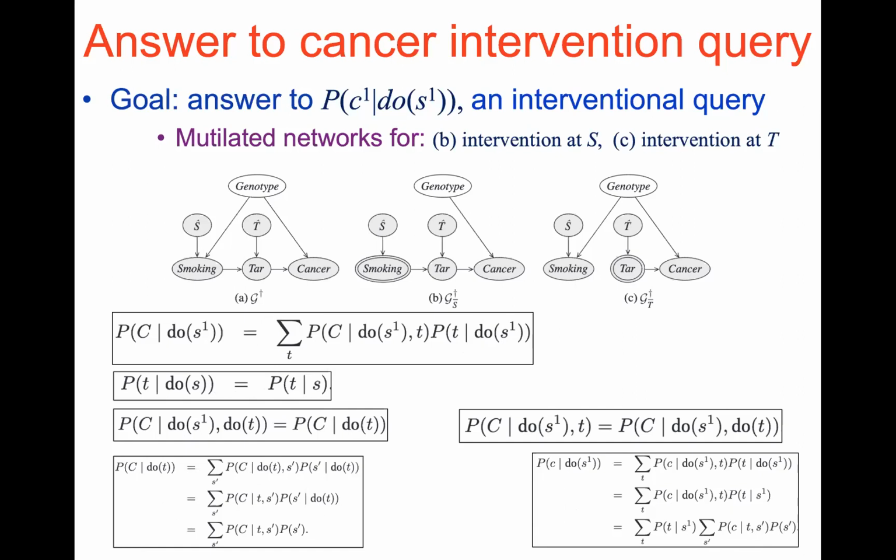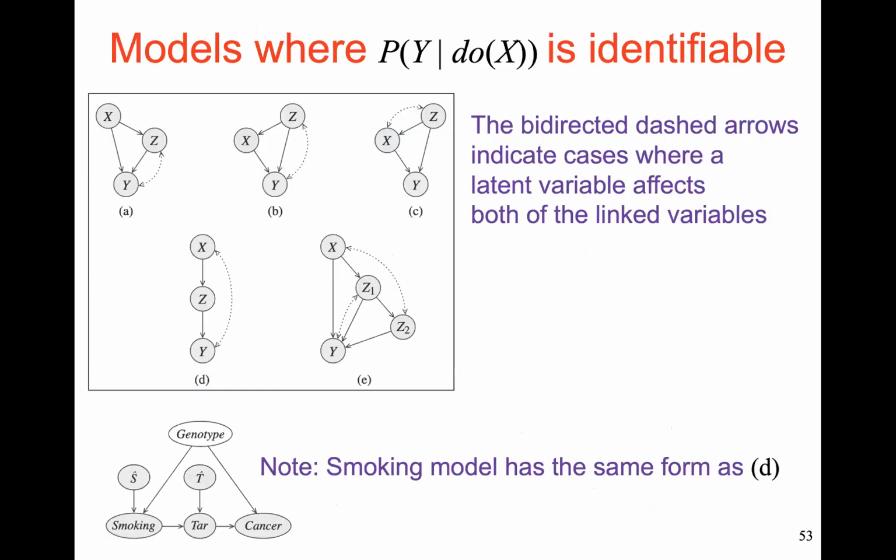Oh, wow. So Judea Pearl showed that one can calculate cancer given the intervention, and presumably show that it is smoking that causes cancer, okay?